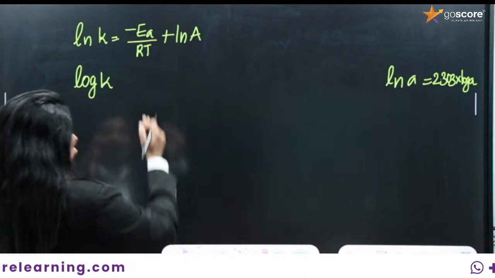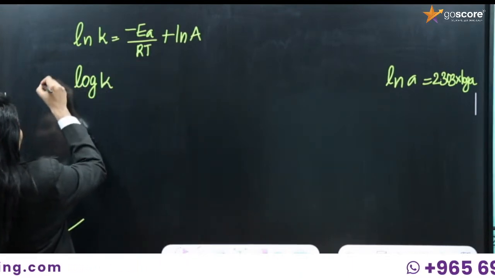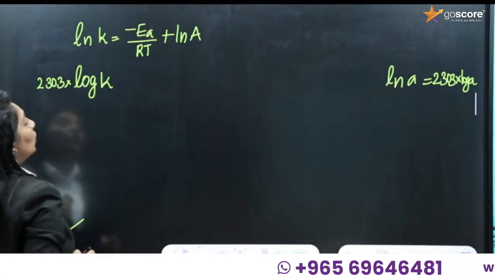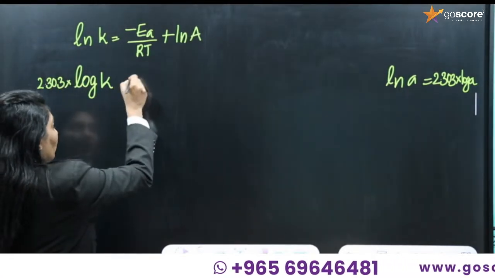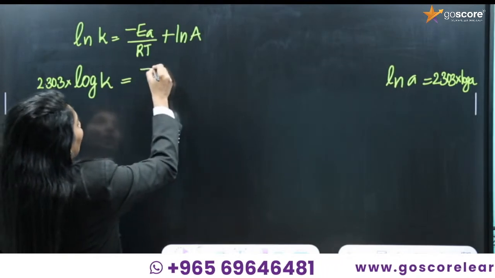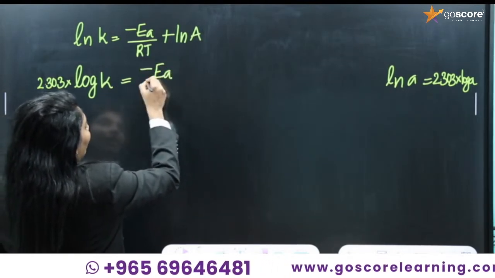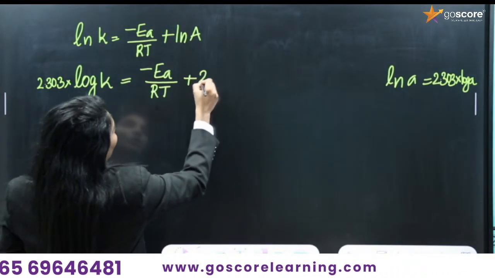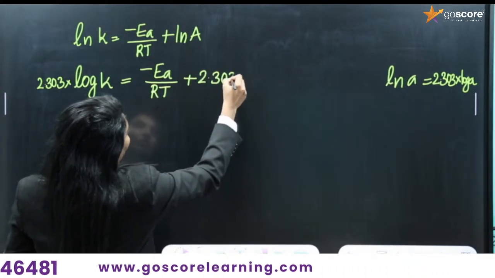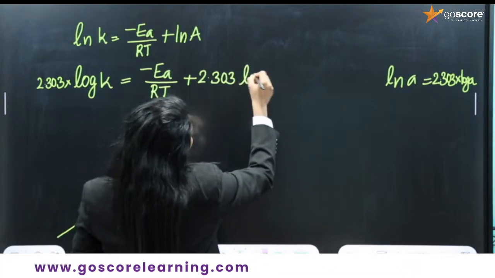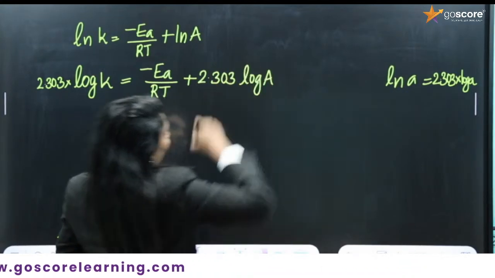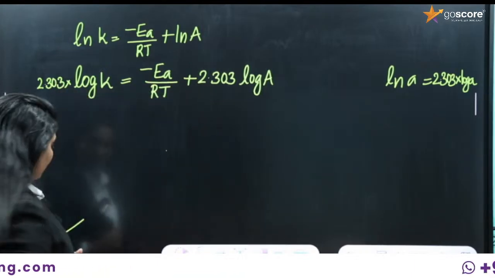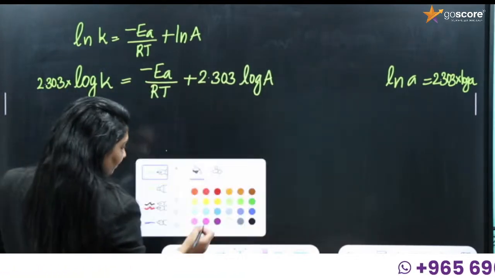So when we convert this, we will be getting 2.303 into log K equal to minus EA by RT plus 2.303 log A, right? So when you take these two terms to one side, what will we get?